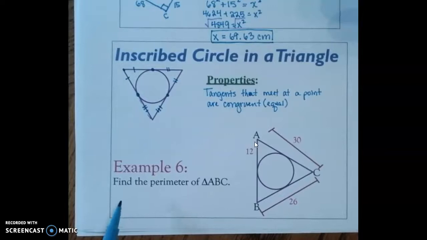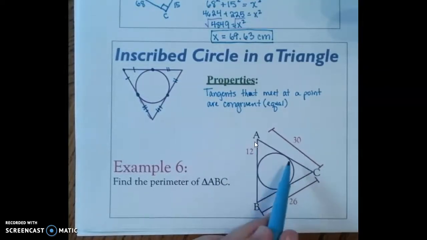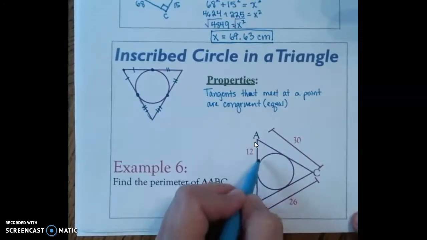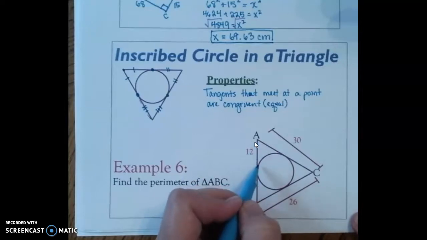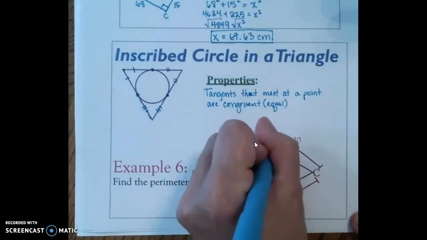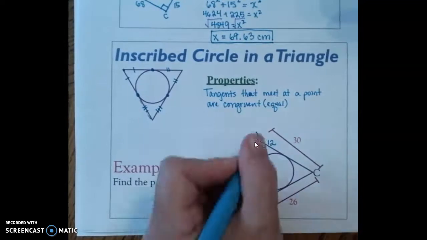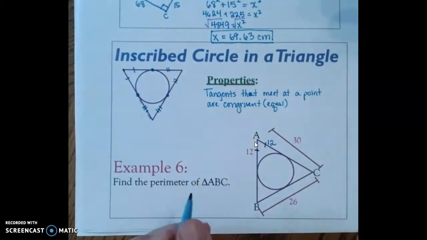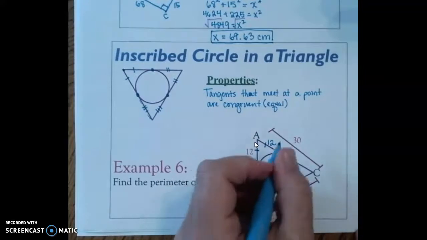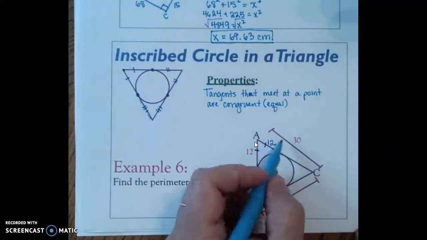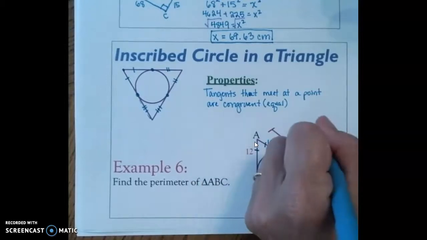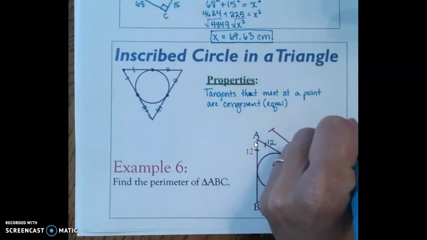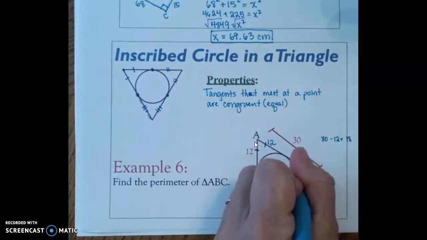So example 6 asks us to find the perimeter of triangle ABC. So the circle is inscribed. So think about if this were my ice cream cone that we talked about earlier. If this side is 12, that side would have to be 12 because these two pieces are congruent. I know that this whole side is 30, so if I do 30 minus 12, that's going to give me 18 for this piece.